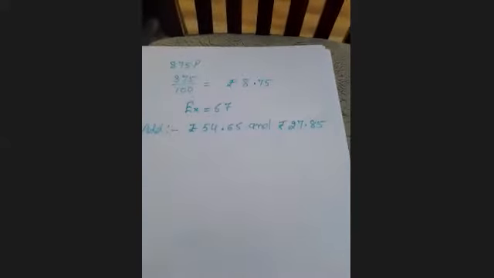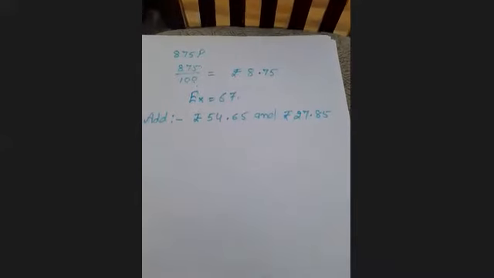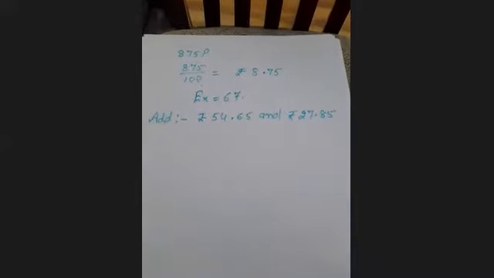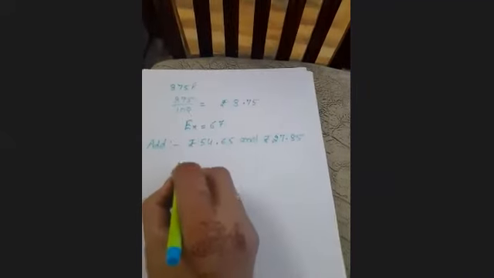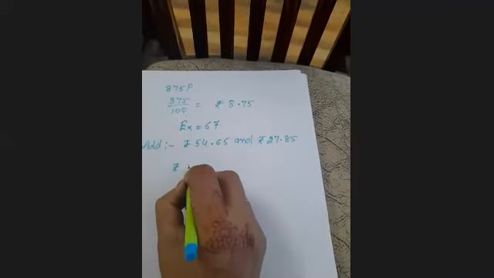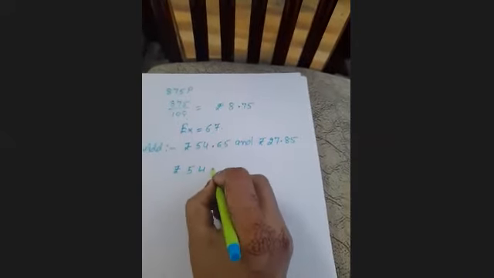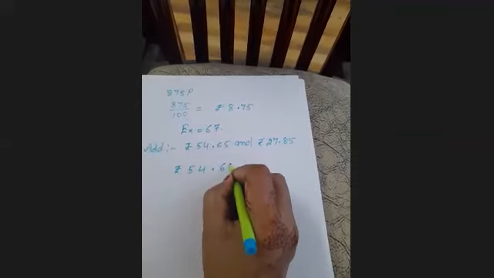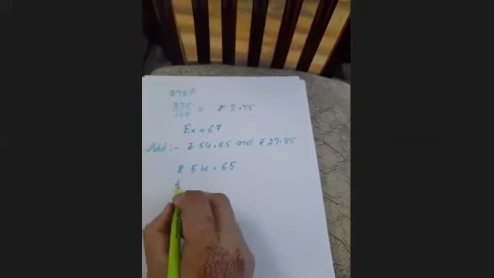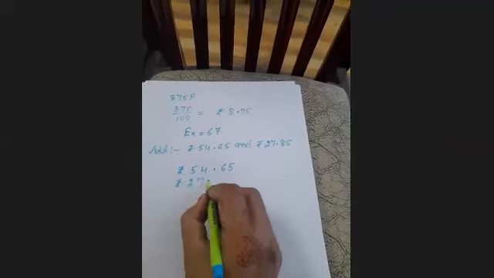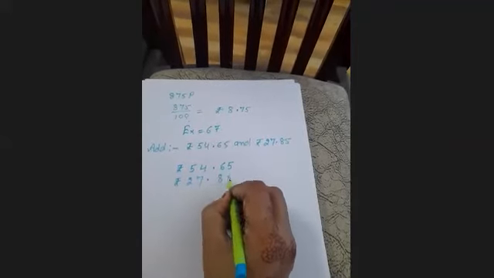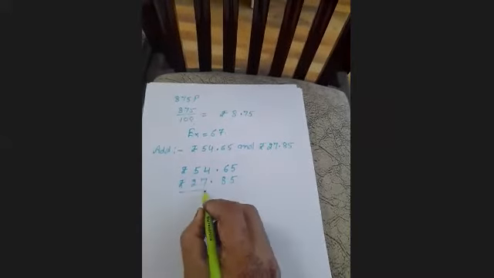Yes, friends, now add this amount. To add the amount, first we'll arrange this amount in proper columns like this. Rupees 54 and 65 paise and rupees 27 and 85 paise. Now add.